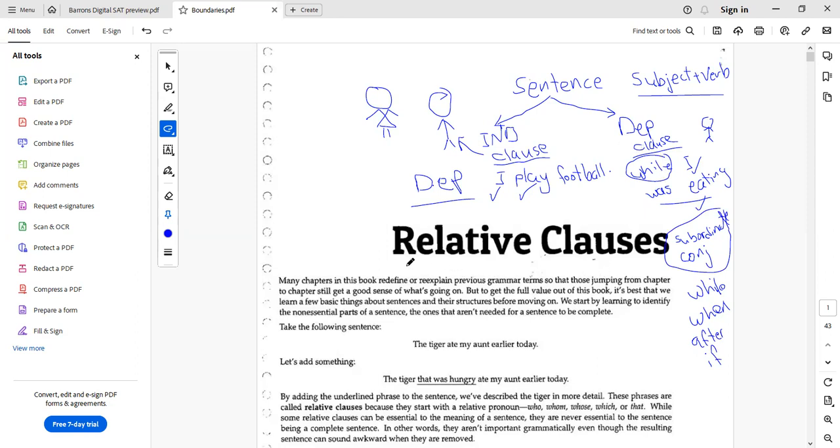Or it can start with a relative pronoun. What are the relative pronouns? Who, which, whom, whose, that. They are here: who, whom, whose, which, that.